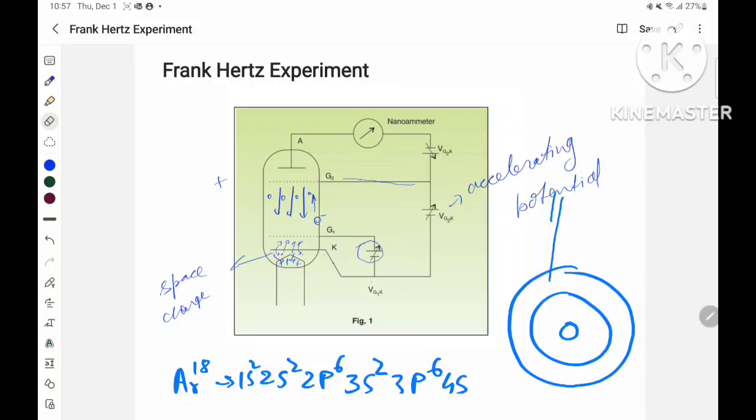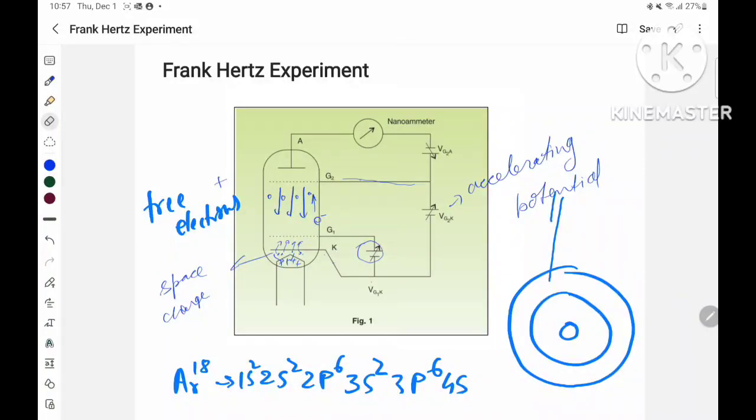So here there are two kinds of electrons. The electrons that are traveling in the tube, let us call them free electrons, and second is the electron inside the argon atom.